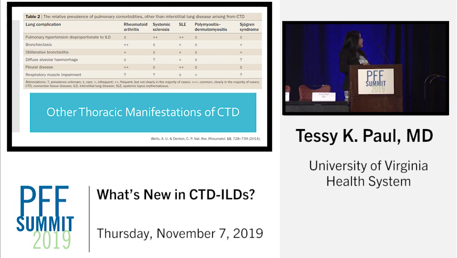So other than parenchymal changes, there could be vascular changes such as pulmonary hypertension, especially in people with systemic sclerosis and lupus, and these patients should be routinely screened. Other airway involvement such as bronchiectasis, especially in RA, obliterative bronchiolitis, and then DAH, especially in lupus patients, and then pleural disease and respiratory muscle impairment.